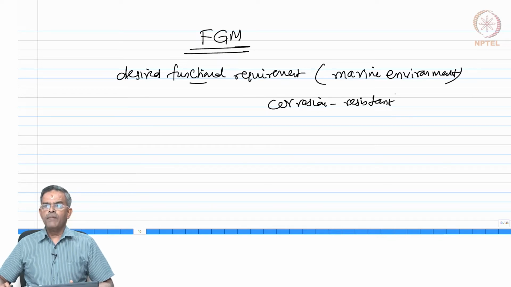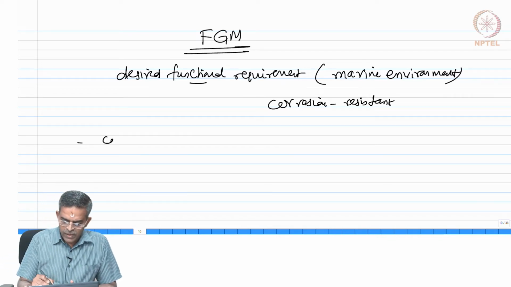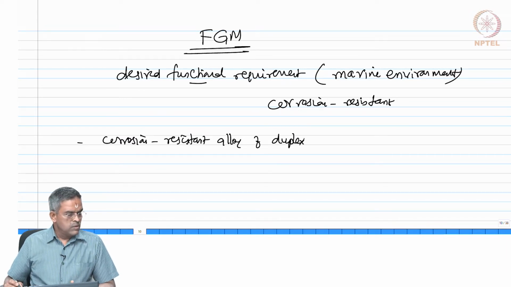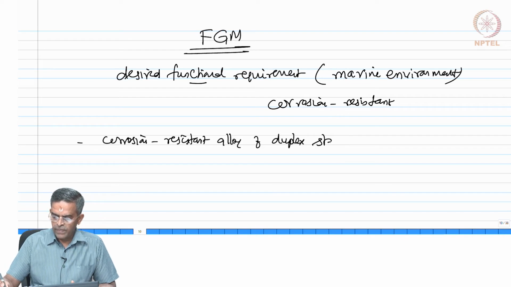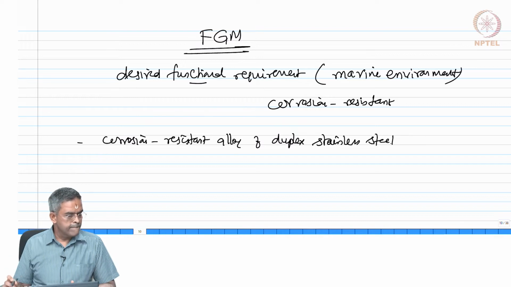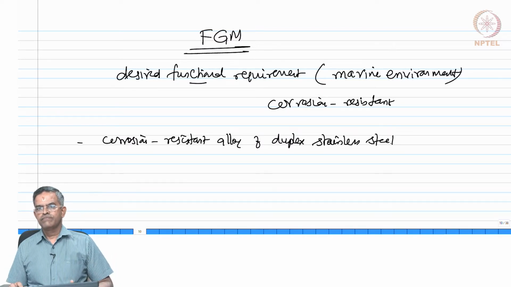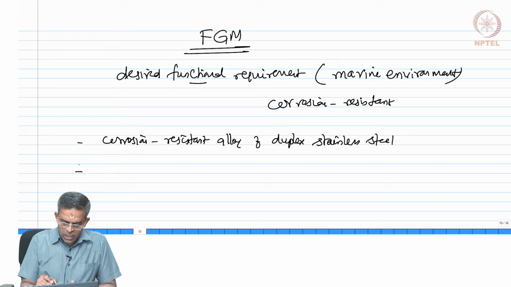So, what actually people have been using so far is a corrosion resistant alloy of duplex stainless steel which has been used. People also alternatively use carbon manganese steel.